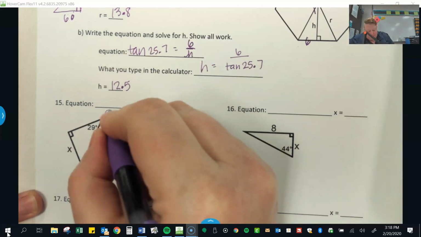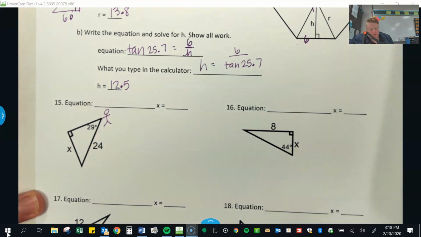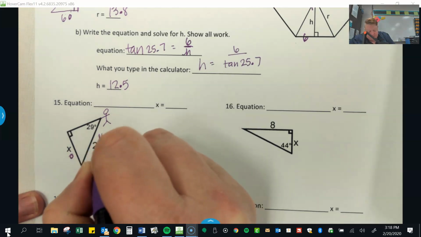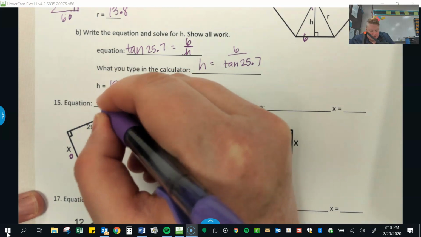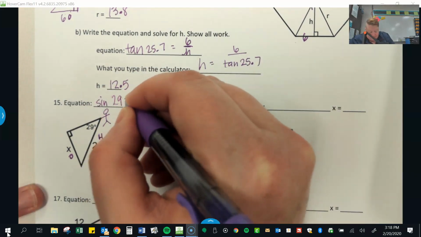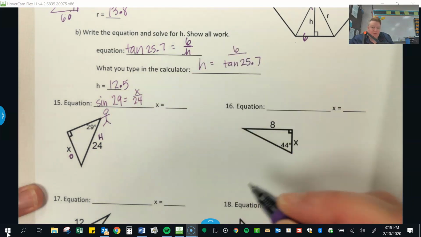So we're standing here at the 29. How do I know I'm standing at the 29? Because that's the angle they gave us. I'm looking for x, which is my opposite, and I have 24, which is my hypotenuse. So the sine is the one that uses the opposite over the hypotenuse. Sine 29 equals x over 24.